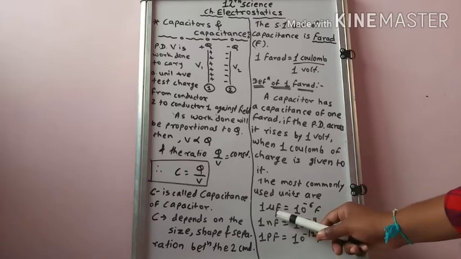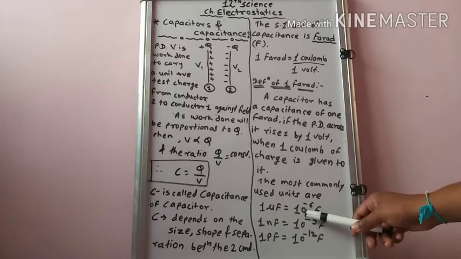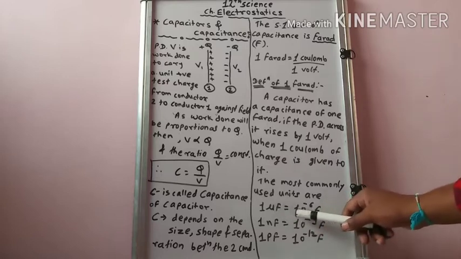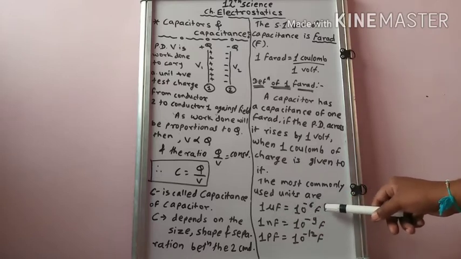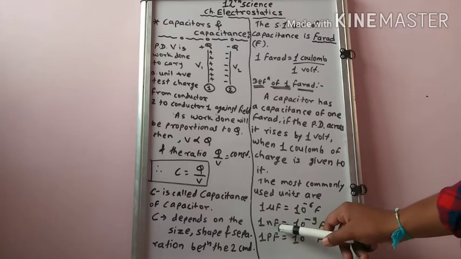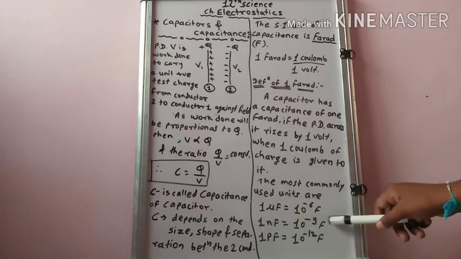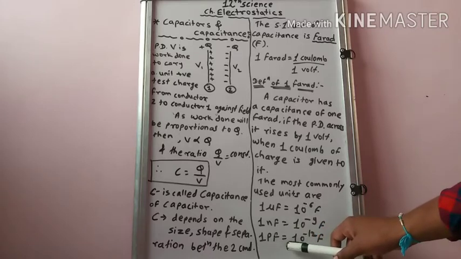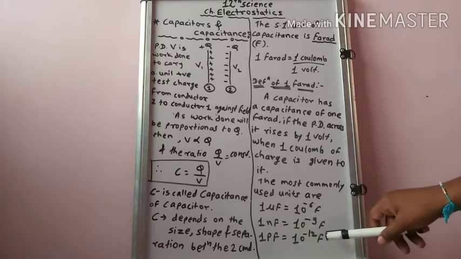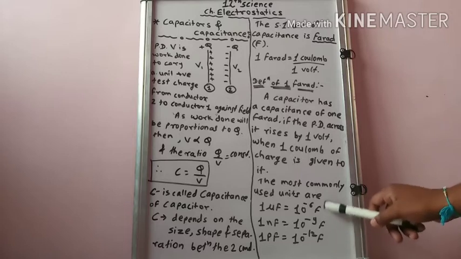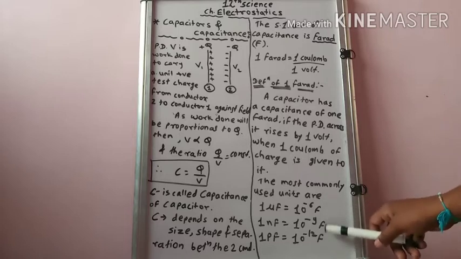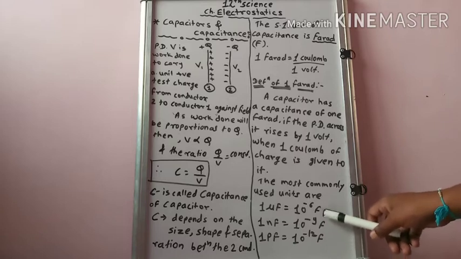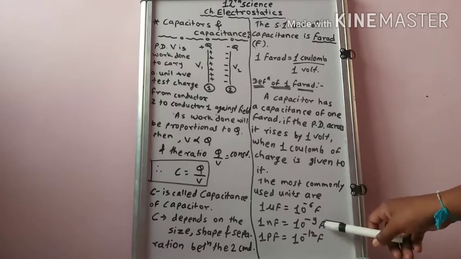That is, 1 microfarad is equal to 10 raised to minus 6 farad, 1 nanofarad is equal to 10 raised to minus 9 farad, and 1 picofarad is equal to 10 raised to minus 12 farad. This is the most common use of these SI units of the capacitance of a capacitor.